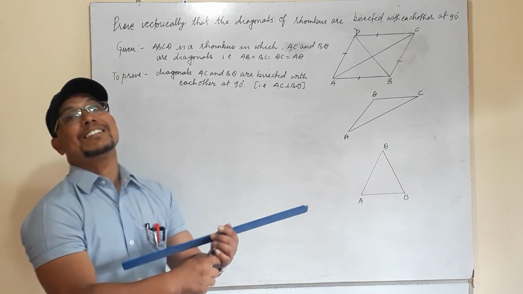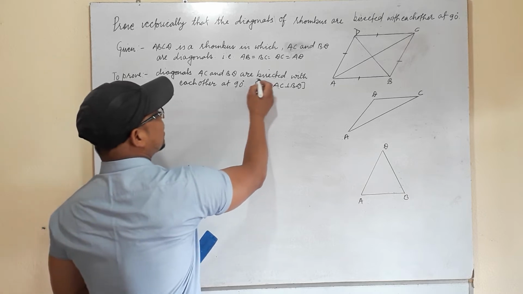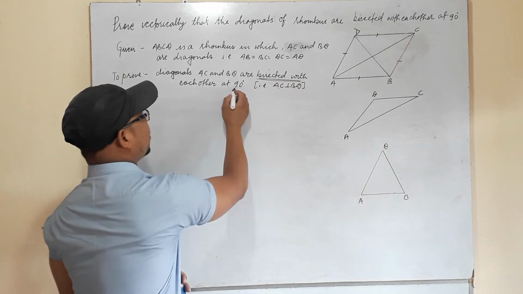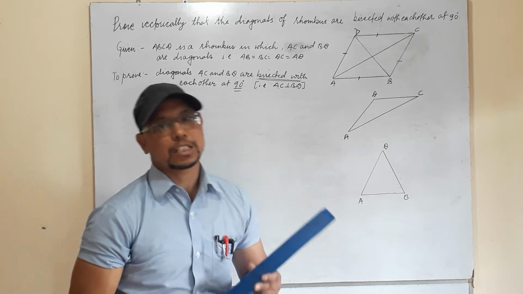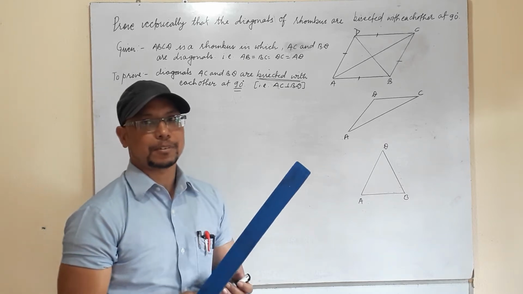Here it seems like we have to prove two things. One is bisected with each other, and another is 90 degrees. Bisected with each other we need not prove, we can directly write it. Why?